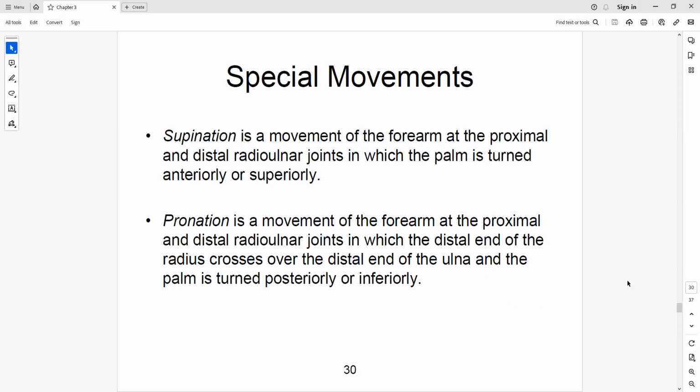So this is, as I described here, palm is turned anteriorly. So the anatomical position comes with the supination of the forearm. Normally our forearm is in a position where our palms are facing the thighs, and pronation is the opposite, moving the palms pointing posteriorly. So that's the pronation.